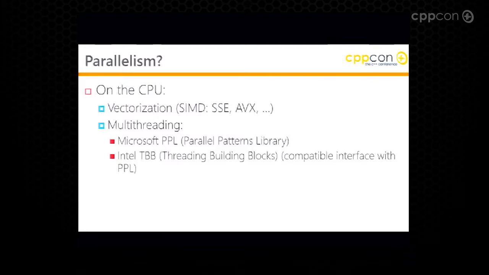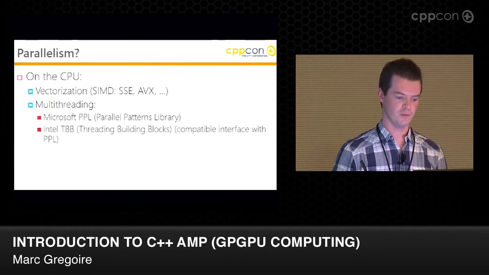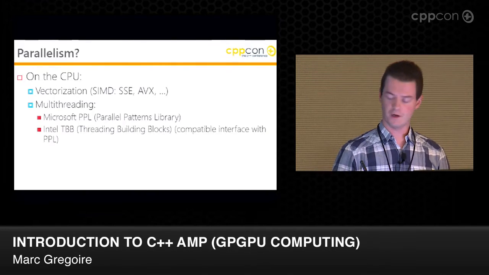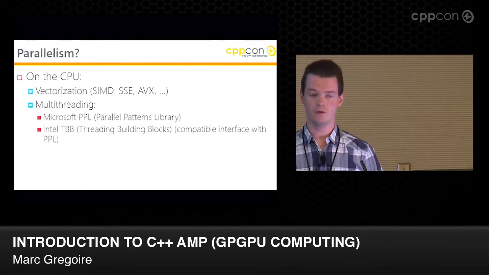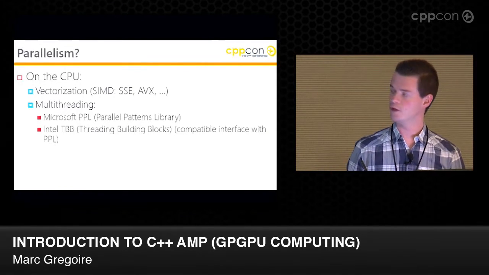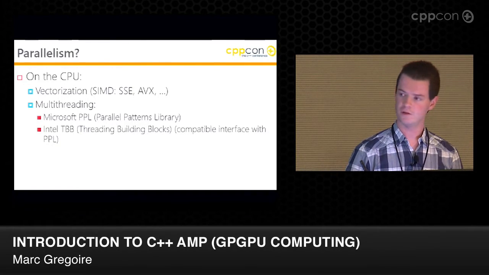I have one slide on CPU parallelism. You can do that with vector instructions, like SIMD, single instruction, multiple data. For example, you have SSE, you have AVX. All modern CPUs have these. The other thing you can do is use multi-threading, with frameworks like Microsoft PPL, the Parallel Patterns Library, or Intel TBB, Threading Building Blocks.